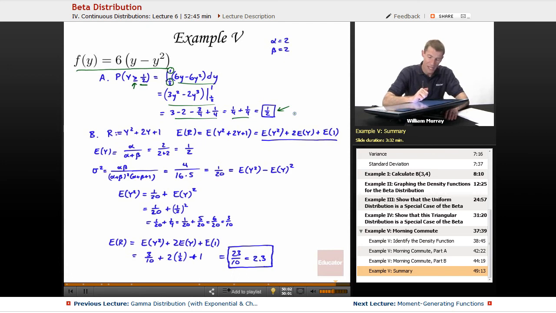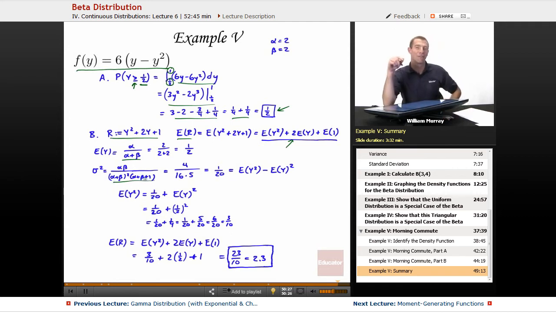In part B, we had to find the expected value of your rage level, where it's defined like this. So the expected value decomposes into these 3 terms. That's using linearity of expectation, very, very useful for this kind of problem. For the expected value of y, I'm looking up the formulas for mean and variance on an earlier slide from this talk.